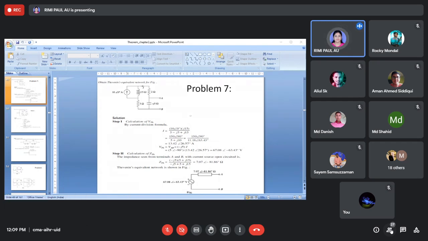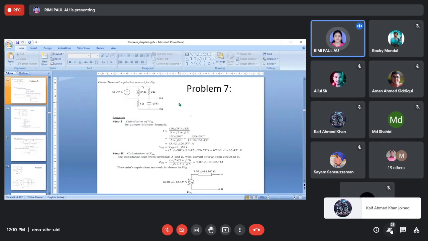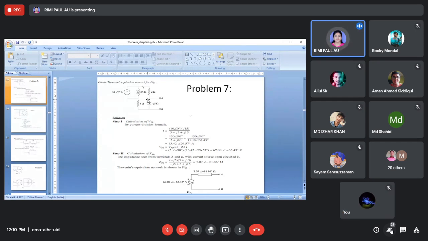But now what I want to find out is Z equivalent, ZTH. Okay, not Z equivalent, ZTH, Thevenin's equivalent. So for Thevenin's equivalent, I will see from this side. If I imagine, one current flows through this, and another current will flow through this whole path.